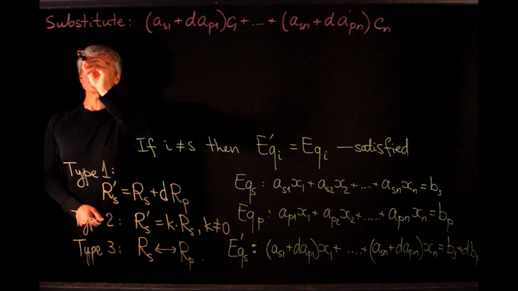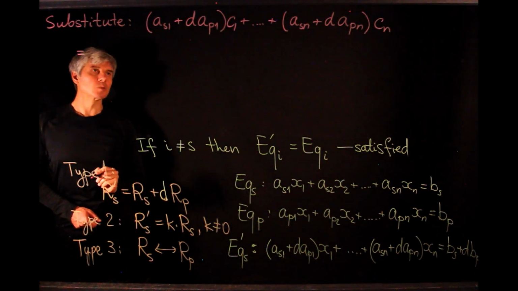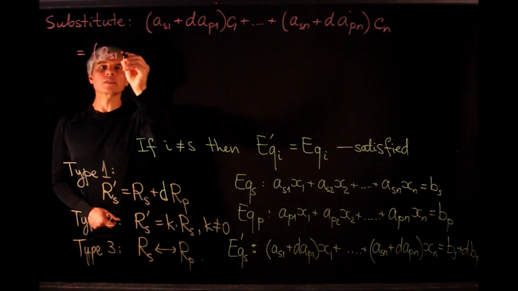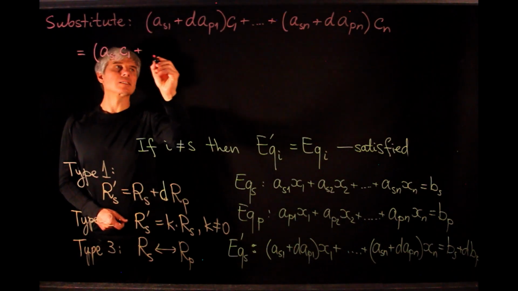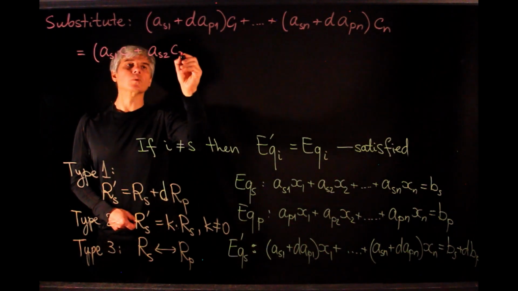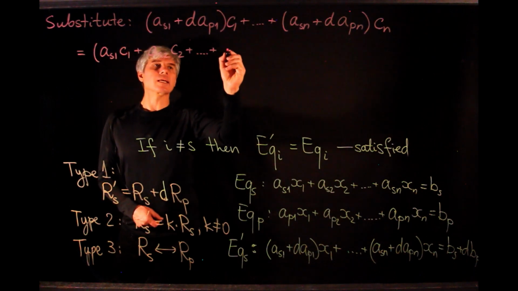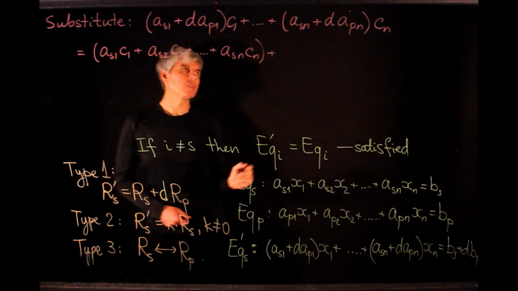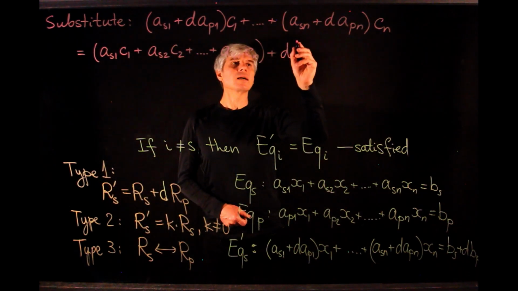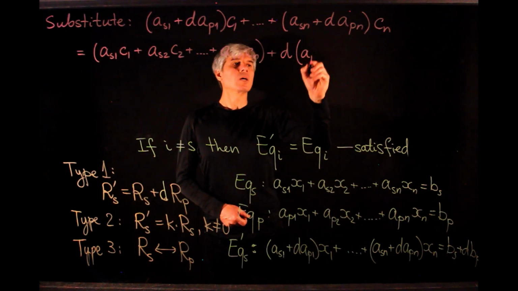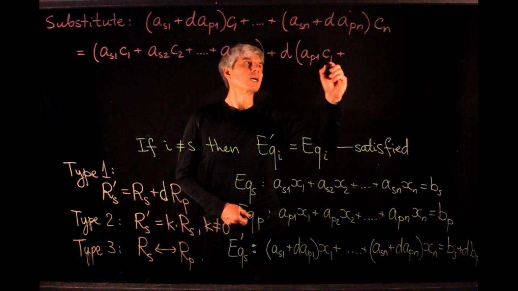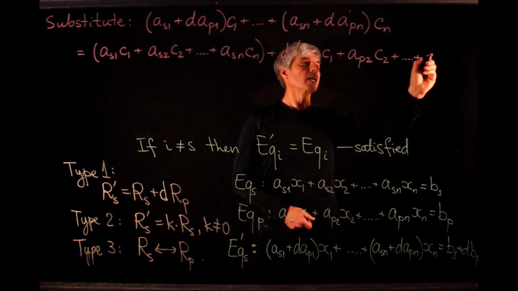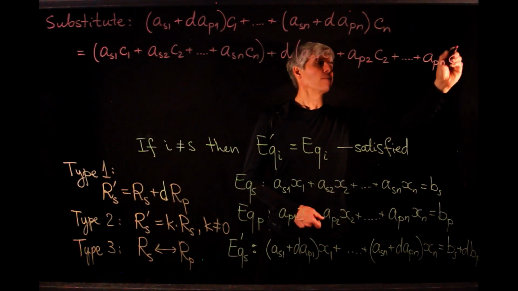So this can be split into two parts. So this is AS1 c1 plus AS2 c2 plus ... plus ASN cn, plus, now parts with D, so this will be D times (AP1 c1 plus AP2 c2 plus ... plus APN cn).